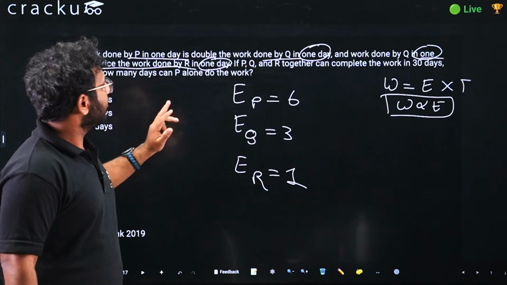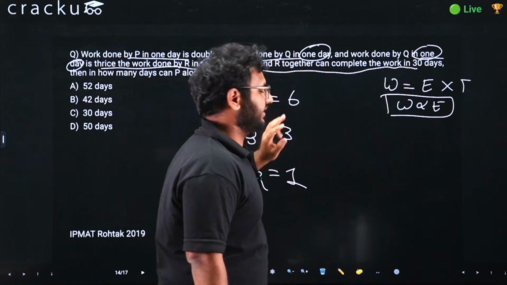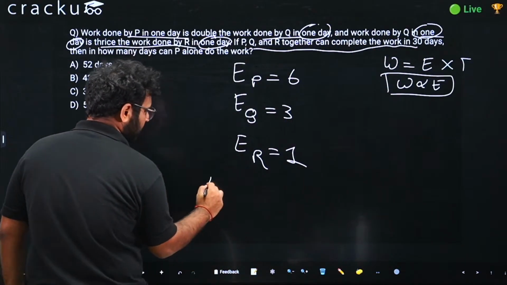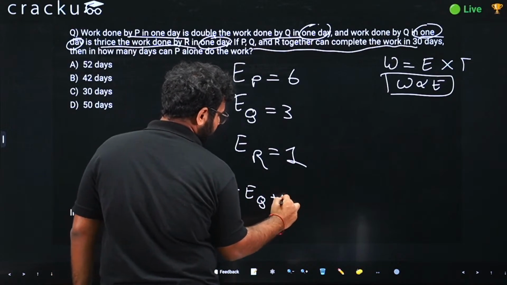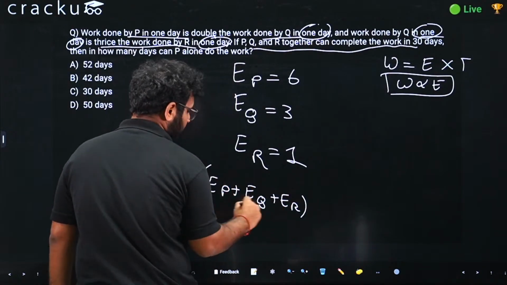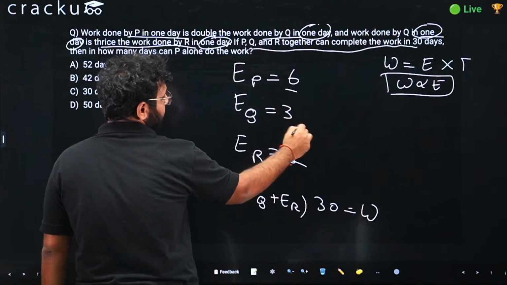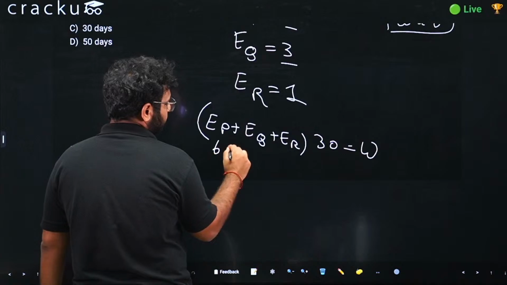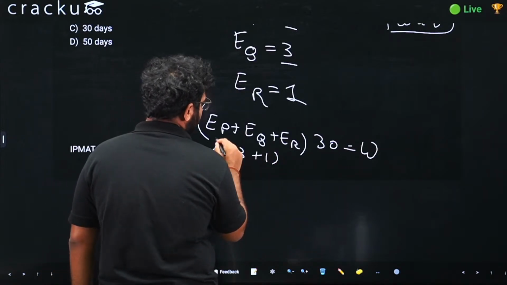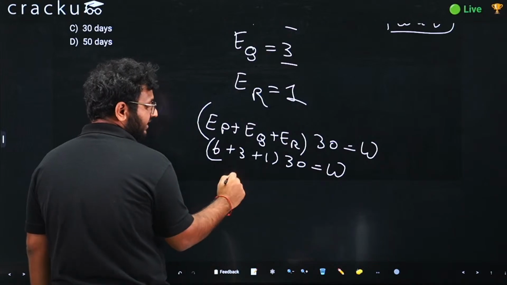Now it is given that P, Q, R together can complete the work in 30 days. So again EP plus EQ plus ER into time is equal to total work. Efficiency is 6 plus 3 plus 1, which is 10. So 6 plus 3 plus 1 into 30 is equal to work, which is 10 30s, 300.